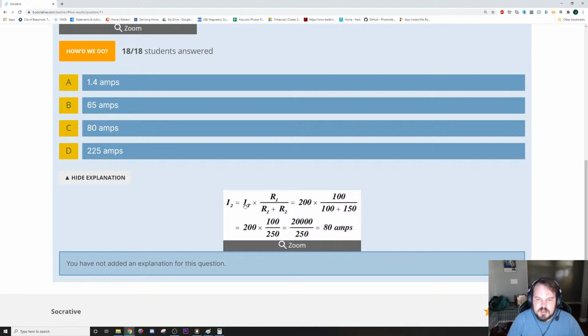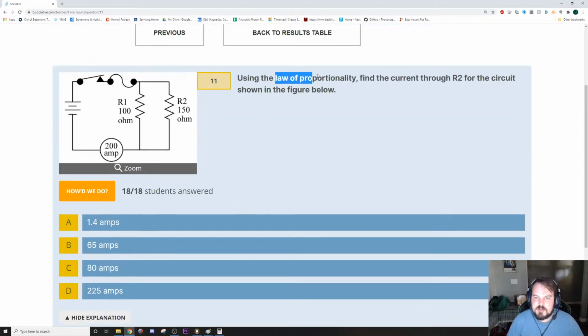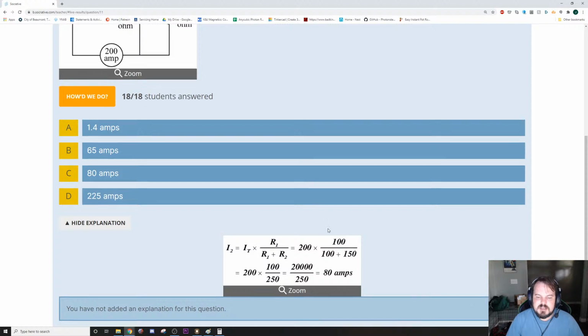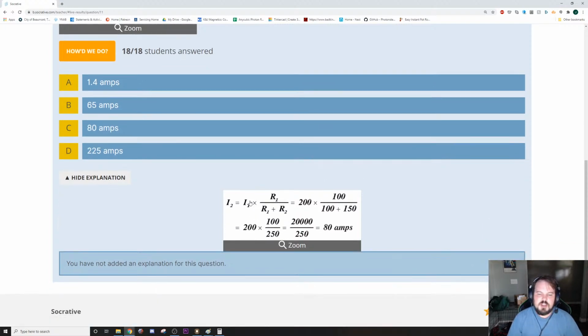I did. Okay, so this is not product over sum, it's the proportional method, the law of proportionality, and how it's used. They want the current through I2, so they use the percentage of resistance, R1, of the total resistance, times I total. And they gave them 80 amps.